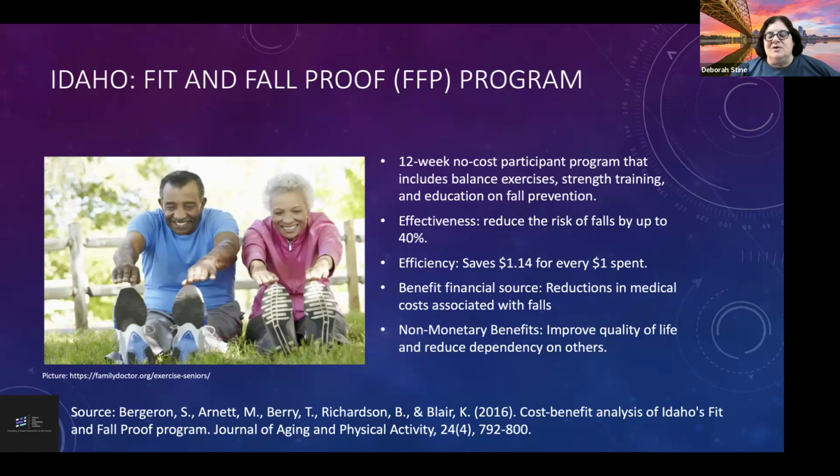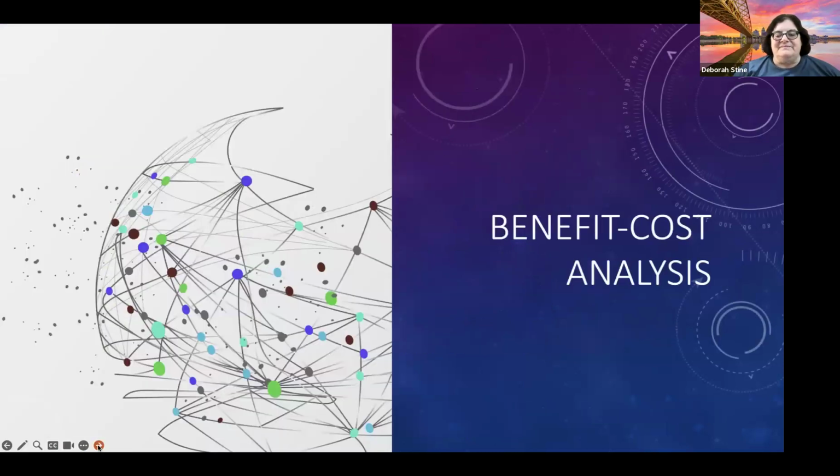The way they determined the benefit was the reductions in medical costs associated with falls. And then they also added in non-monetary benefits, which is improved quality of life and reduced dependency on others. So this is a very nice, easy to understand example. And now I'm going to get to the more complicated stuff.